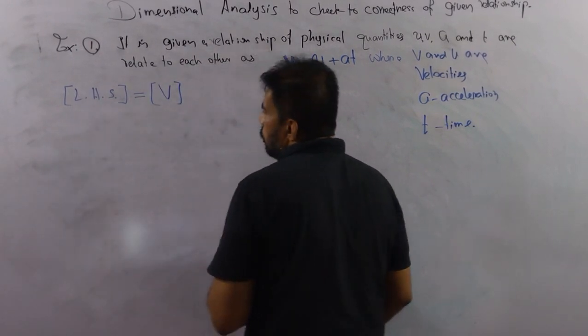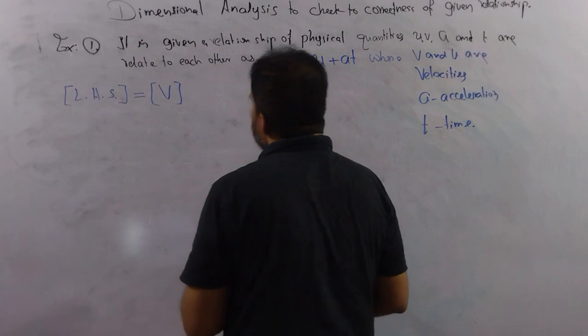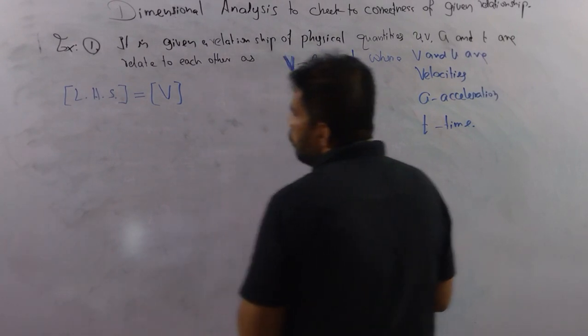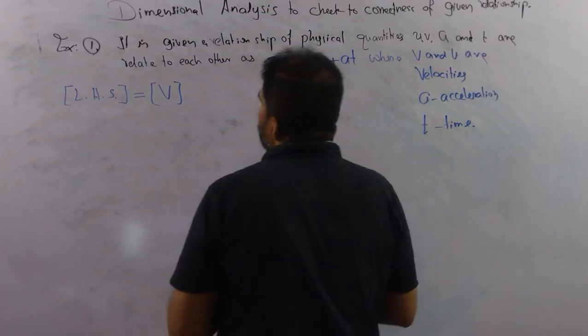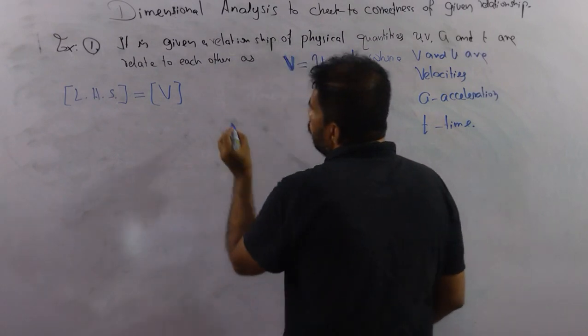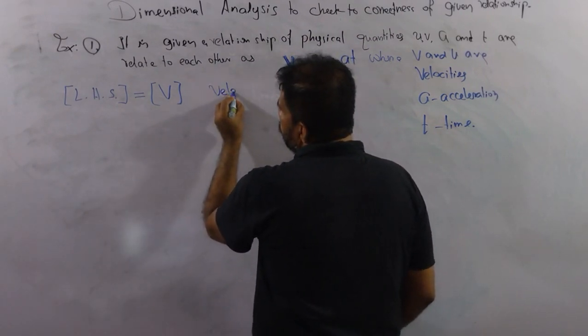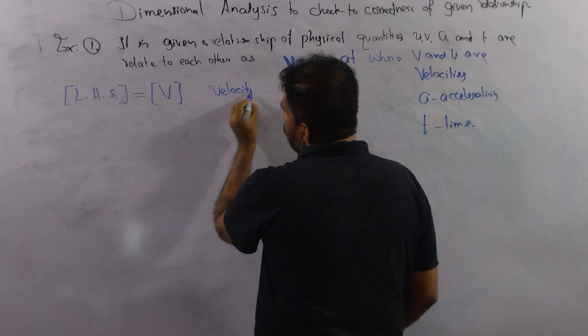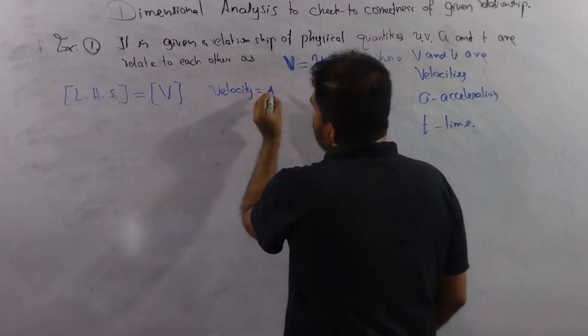V is velocity. I'll write the definition of velocity this time because it's a new term to us. Velocity equals displacement over time.